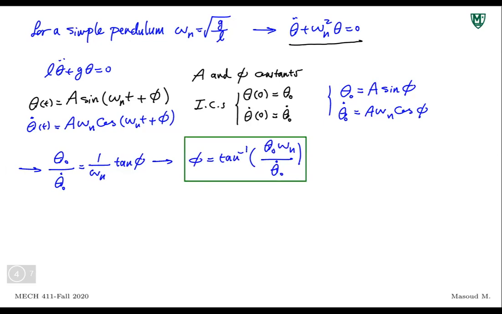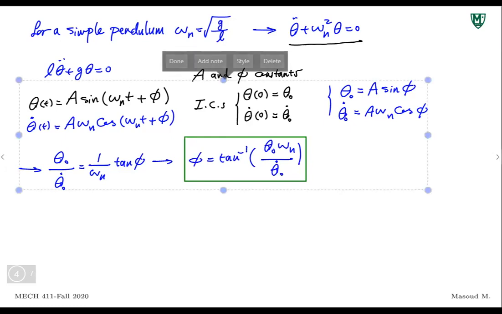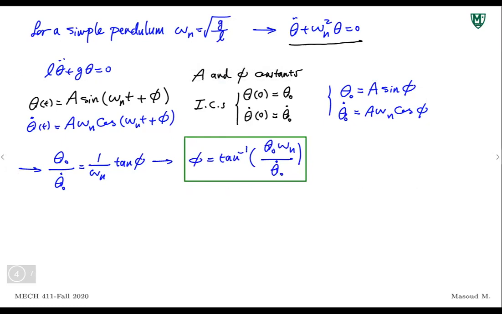How do I find a? Now, you can actually find a too by just moving this omega n to the left side, this one, you can move it here and square both sides. So here's what I'll do.